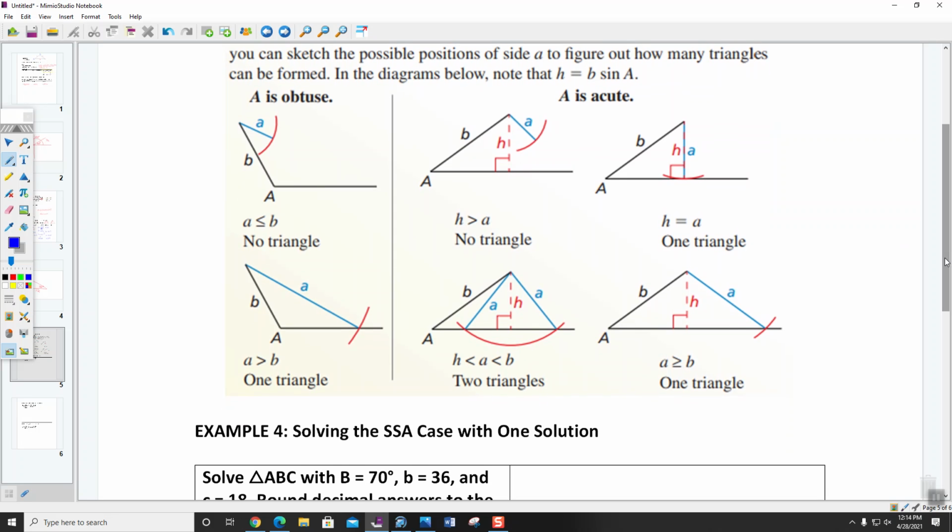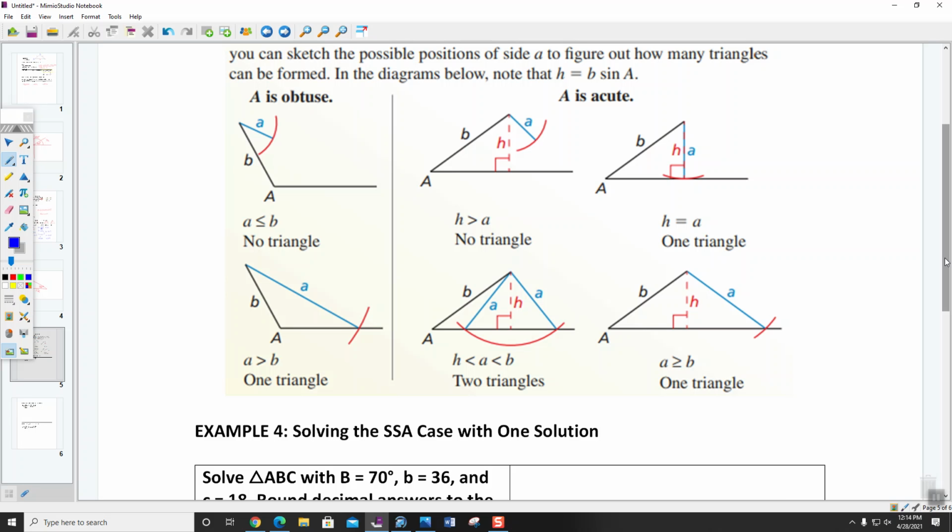For instance, right here, they give you a side, A and B right here, okay? And then they give you an obtuse angle A. And if they say, well, A is this long right here, if I swing an arc, will this third side touch anything down here? You know, it's not long enough to get down here, is it? So sometimes when we get into situations where, you know, two sides and an angle, how many triangles are formed?